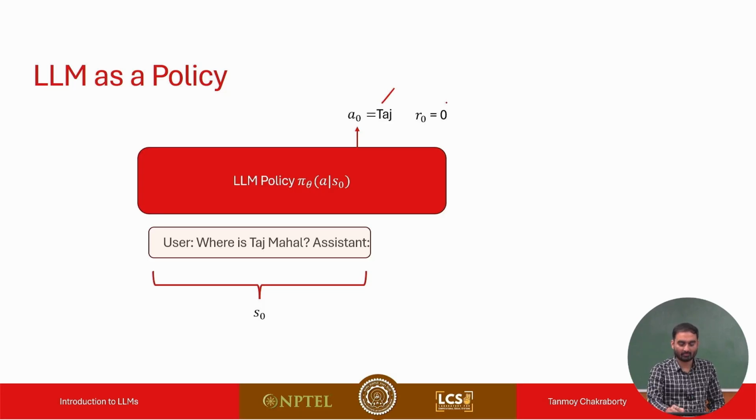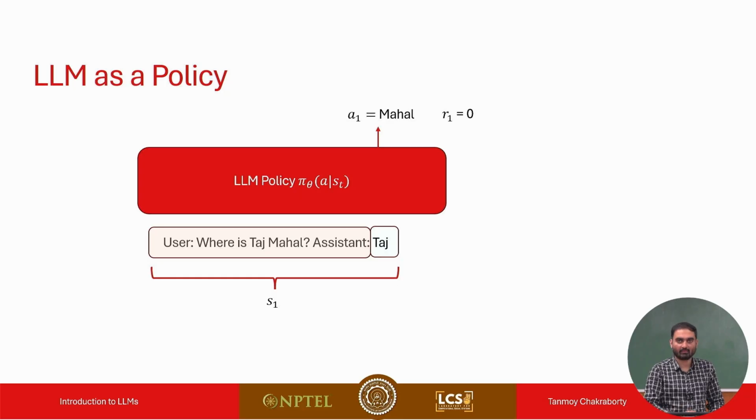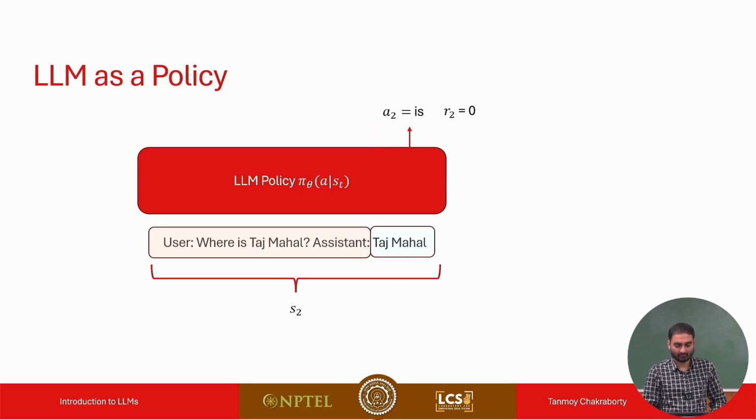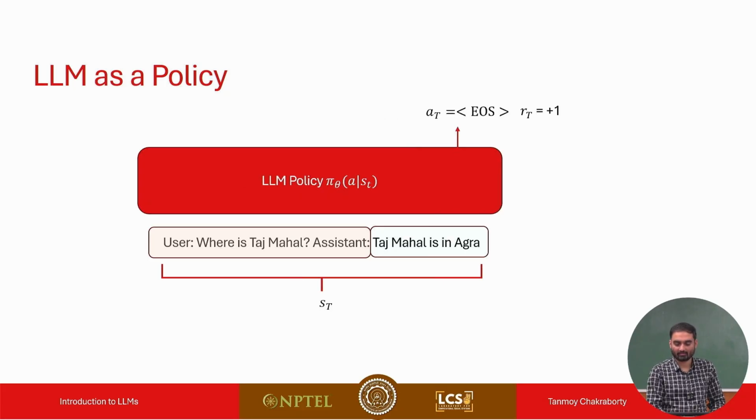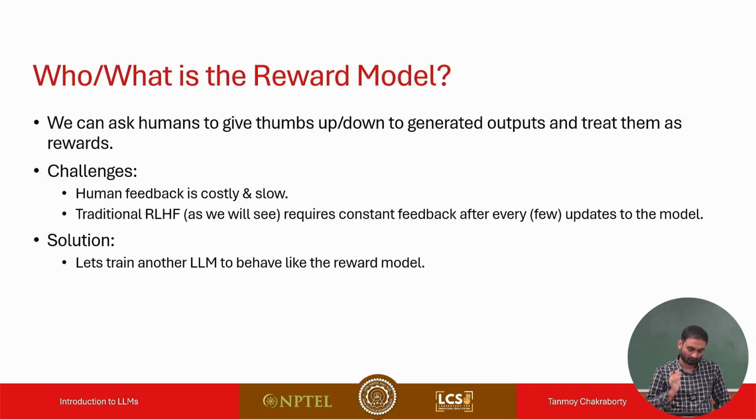It will generate "Taj", reward is 0 because it is not the end of the sentence. Then "Mahal", reward is 0 till this part. End of sentence, reward is plus 1. The output is Agra, and then end of sentence, and then plus 1 reward. Okay, so this is something that we should remember.